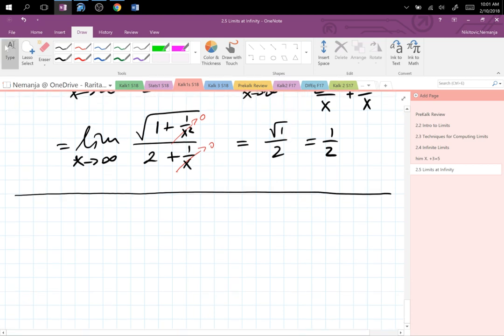Time to analyze e to the x and be done with this lecture. So we have f of x equal e to the x. So what's happening here?